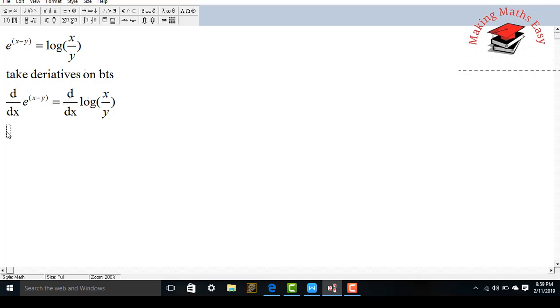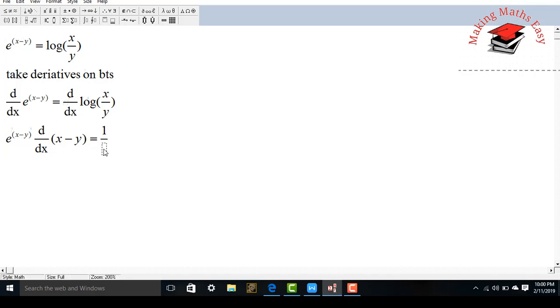The differentiation of e raised to x minus y is e raised to x minus y into the derivative of x minus y. On the other side, first I will differentiate the log function and then the inner function.